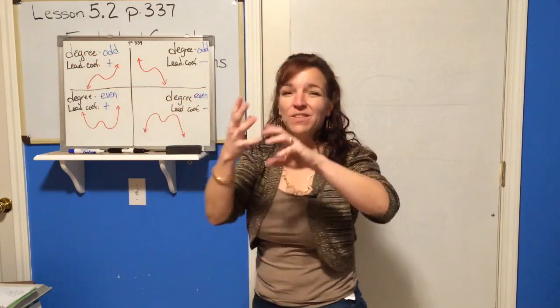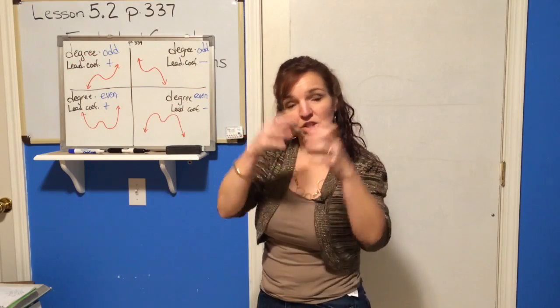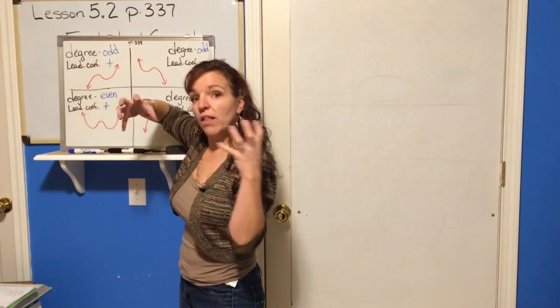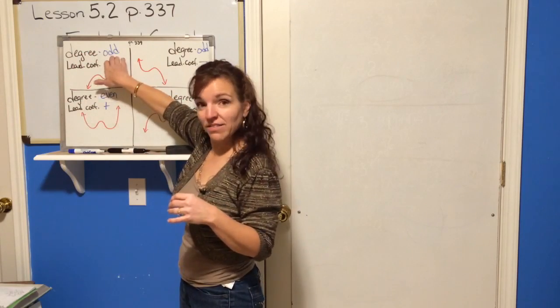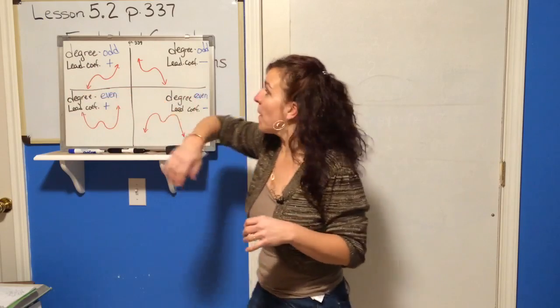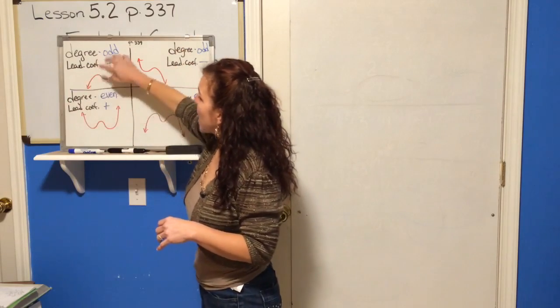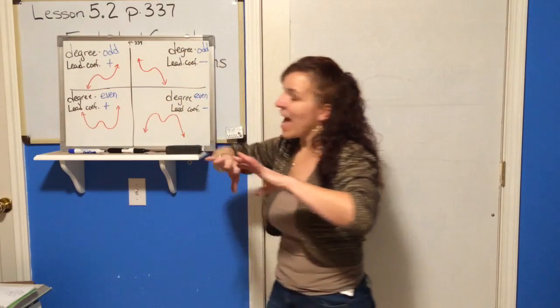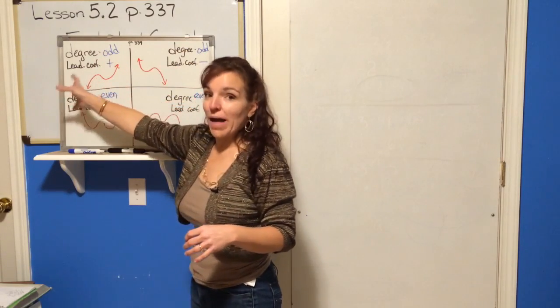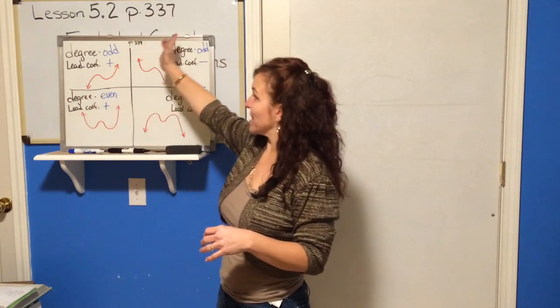And so what we're going to start with is the reason we were finding what degree and what is the leading coefficient, this is why. If the degree of your polynomial function is odd and the leading coefficient is positive, then you're going to end up with a graph that starts at the bottom and goes toward the top.